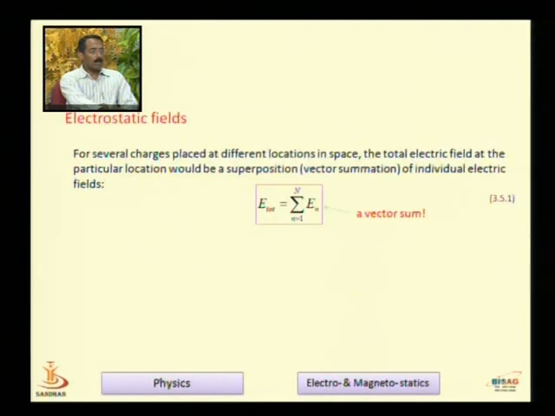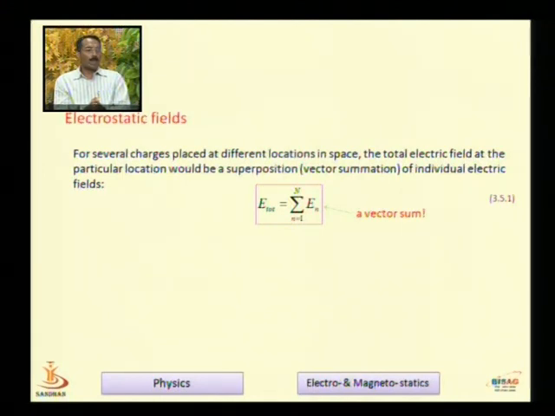Now let us consider electrostatic fields. We know that the Coulomb force is a vector quantity, and the force on unit charge is defined as the electric field. So the electric field is also a vector quantity.